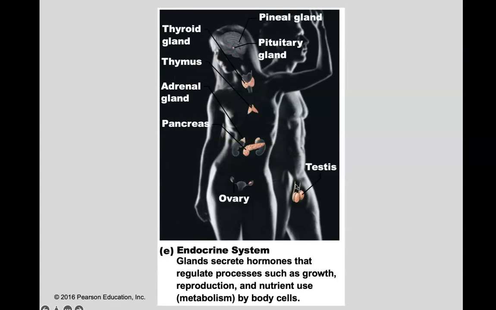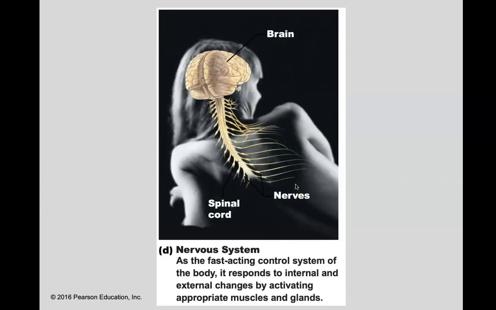Versus the endocrine system, which will do this by releasing hormones into the bloodstream that will then travel to that organ and induce a change in that organ, or cause it to produce a certain chemical, or cause it to contract, or cause it to do a certain function. So these are really the two control systems.